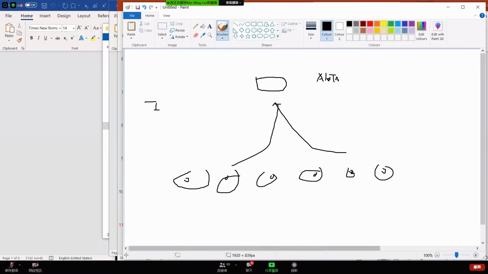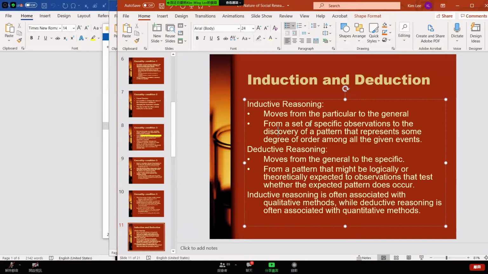This is why it is known as moving from the particular to the general. That is, from a set of specific observations to the discovery of a pattern that represents some degree of order among all given events. That means you find something in common among them, a pattern. So this is inductive reasoning, induction.